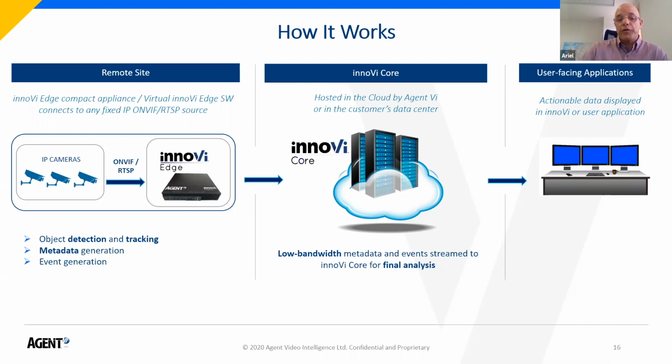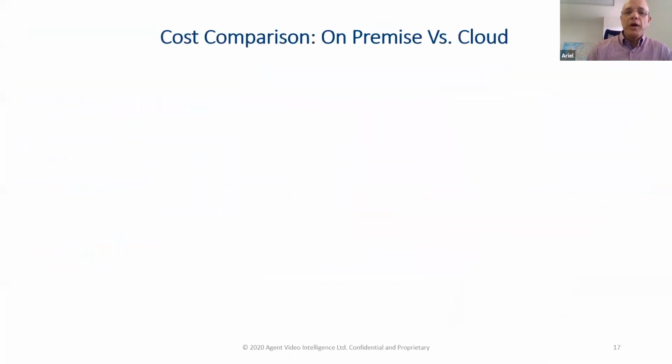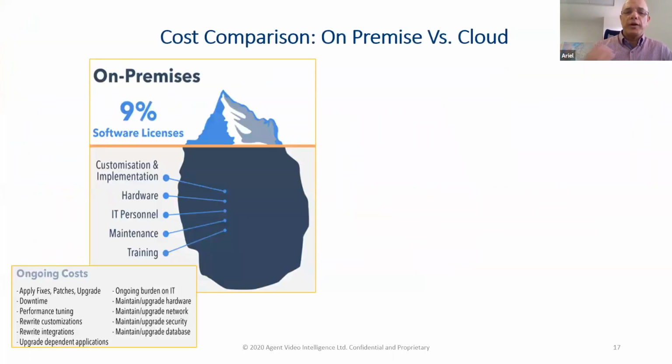We are the first to collaborate with Intel to work on their native CPU, which means essentially that we take a standard off-the-shelf server or PC, and we can run hundreds of cameras on the server, which is very cost effective in that respect.